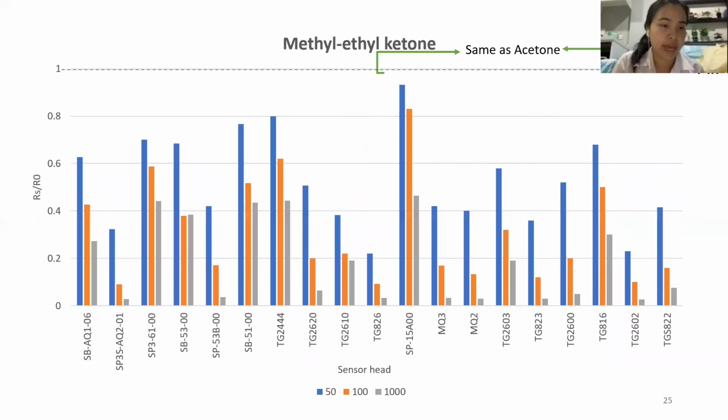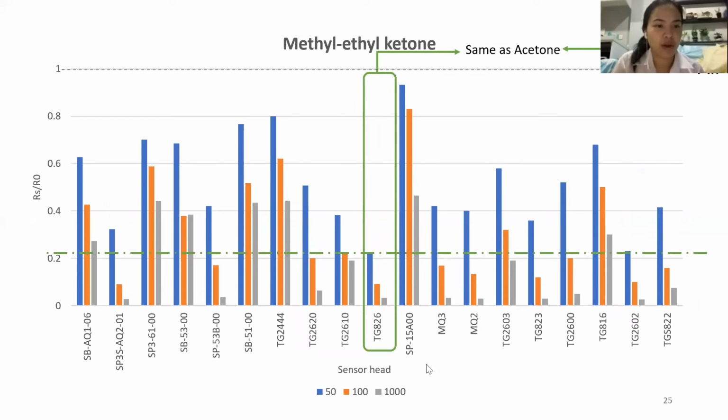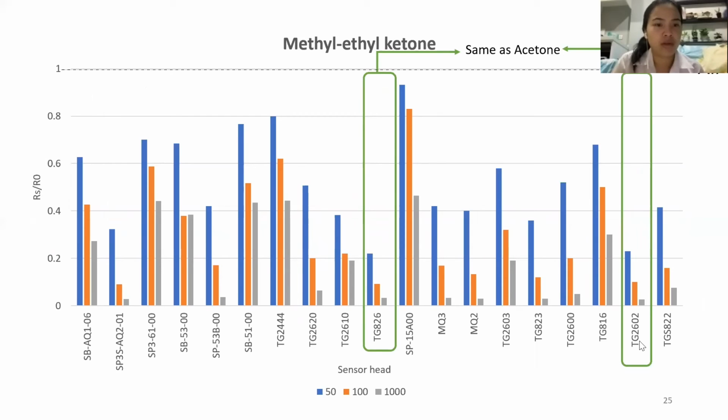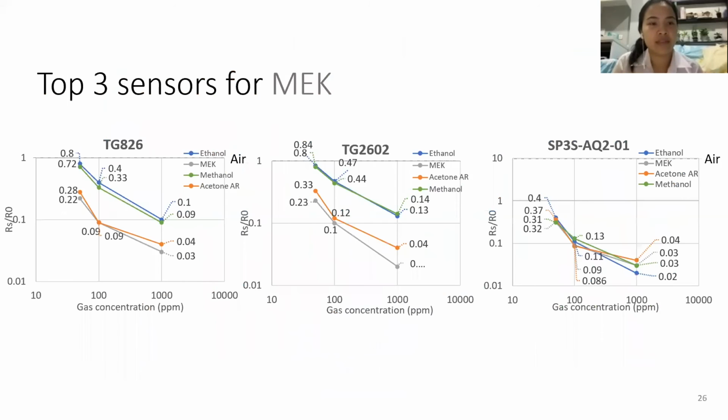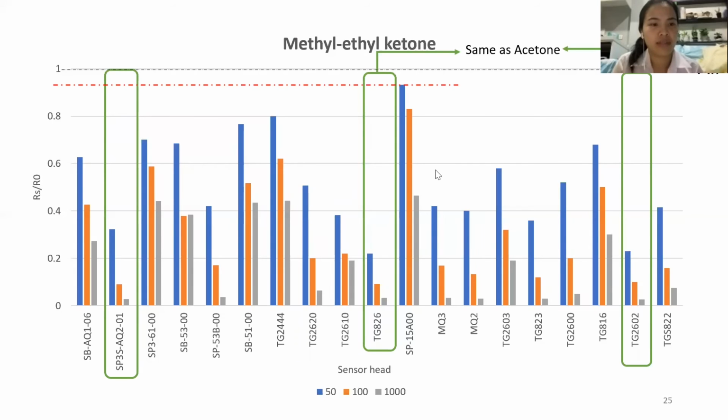And for MEK, the best one is also this one, and the second place is this one. These two are also the top 2 for acetone, and the third one for MEK detection is this one, which is different from acetone. The worst sensor for MEK detection is SP155A here.